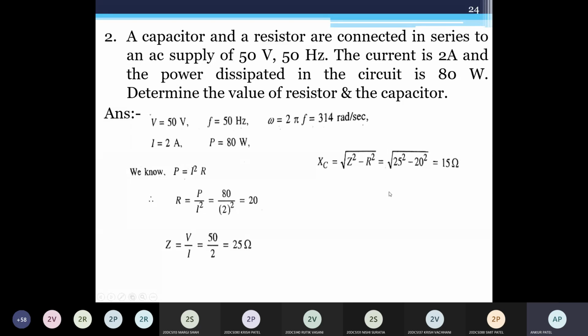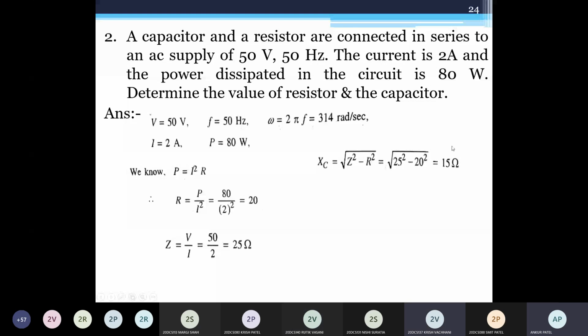XC is equal to 1 upon omega C. So what are you getting for the capacitor? C is equal to 2.1 into 10 to the power minus 4.